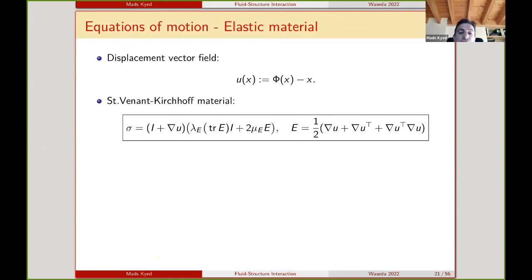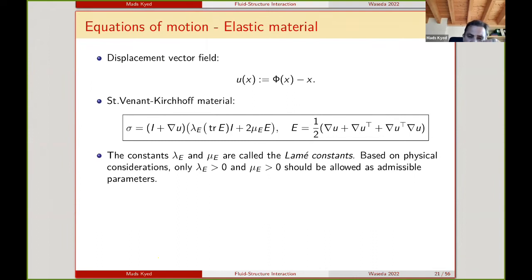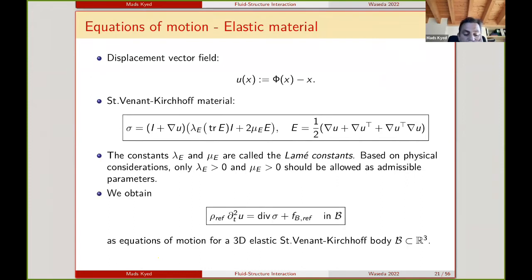The reference configuration has to be stress-free. Okay, the constants appearing here are called Lamé constants, and based on physical considerations, they have to be positive in order to have a physically meaningful material.